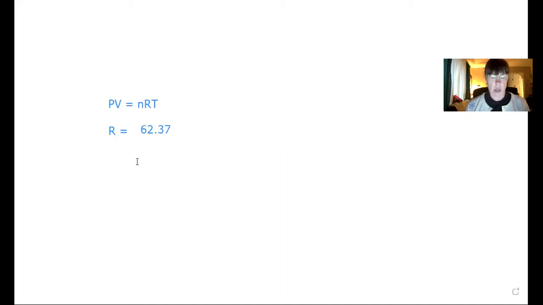So step one: temperatures must be in Kelvin. So T must be in Kelvin, spelled correctly. You need to do Celsius plus 273, and that will give you your Kelvin values.